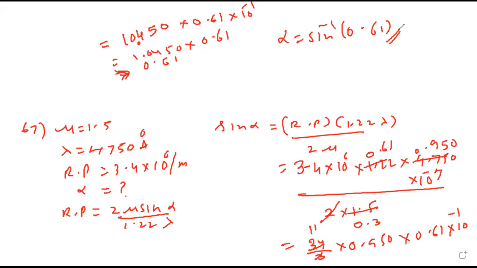Had it been 0.5, then what was your answer? If it is 0.5, 30 degrees. If it is 0.7071, then 45. Correct, 45. So definitely this is less than that.